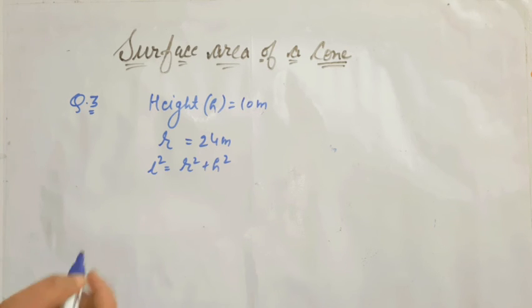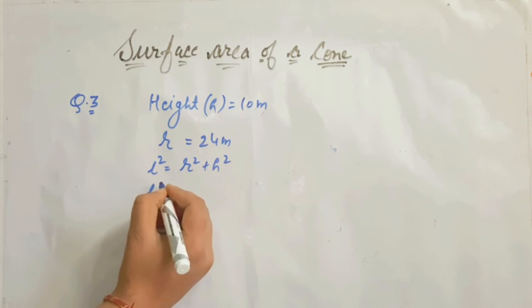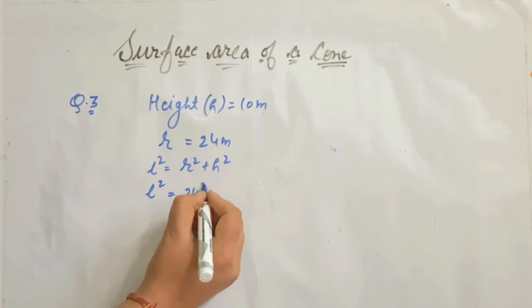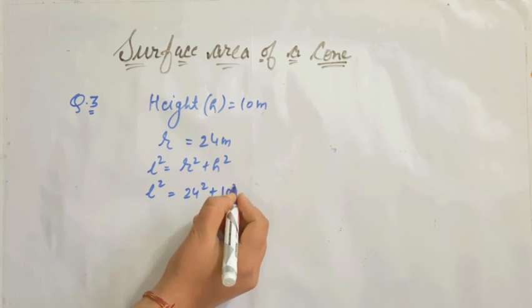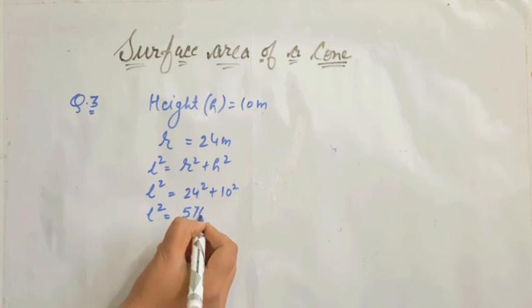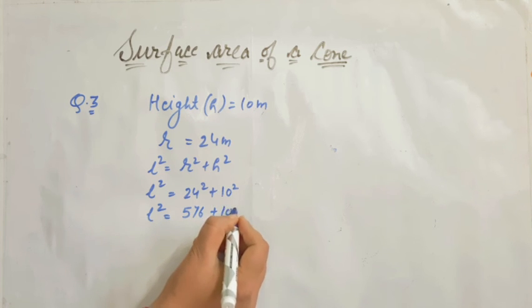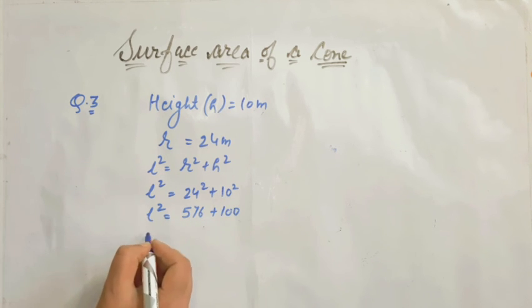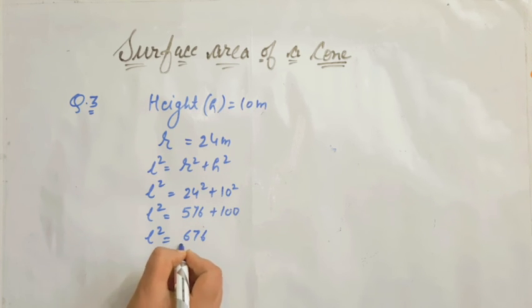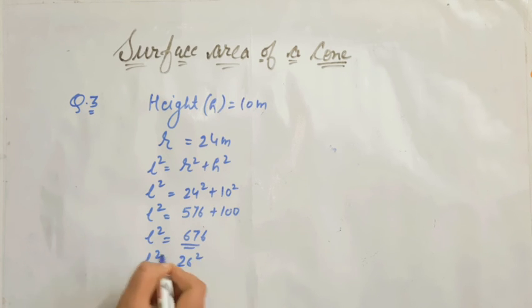So L square equals 24 square plus 10 square, which is 576 plus 100, so L square equals 676. 676 is the square of 26. So slant height L will be equal to 26 meter.